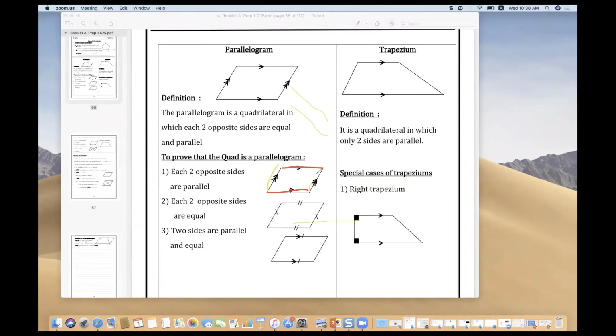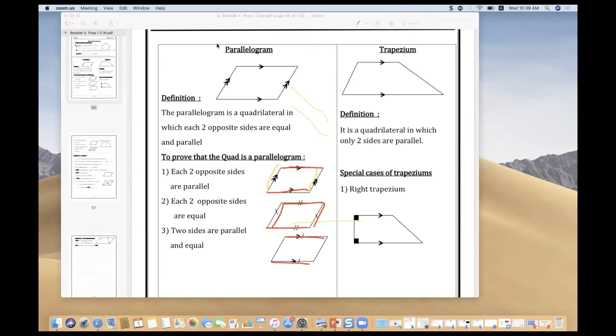Another case: each two opposite sides are equal. If each two opposite sides are equal, this equal this, and this one equal with this one. Just two sides are both parallel and equal. So if I have just two sides parallel and equal, at this time it's a parallelogram.